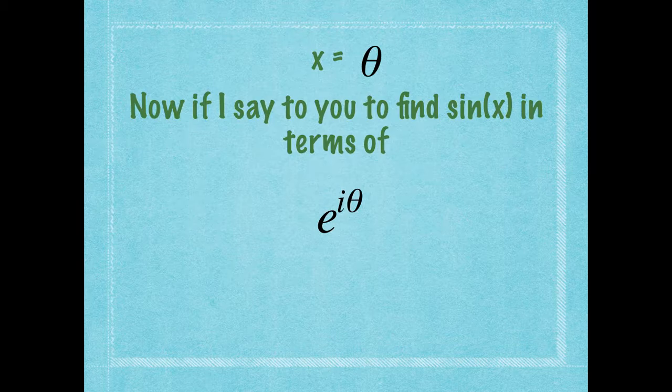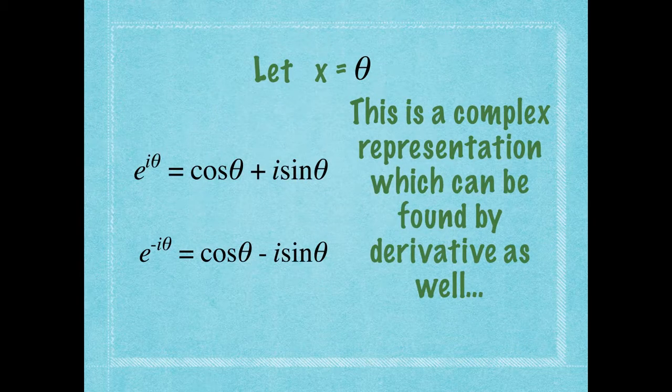So the rules are this: e to the power i theta is equal to cos theta plus i sin theta is one rule, and e to the power minus i theta is equal to cos theta minus i sin theta is another rule. So you can use these two rules to find sin theta in terms of e to the power i theta. So please pause the video and try this out.